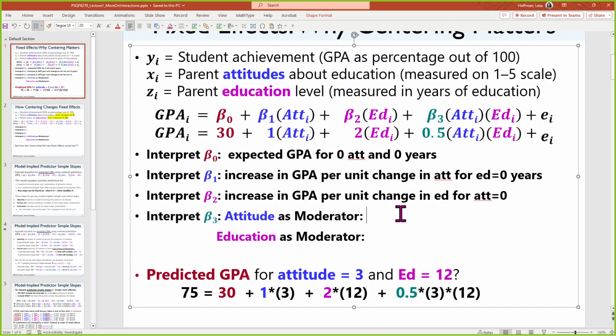How about the interaction term? So if attitudes is the moderator, then I want to focus on what happens to this slope. So I don't start the sentence with increase in GPA. I start it with increase in ed slope. Okay, increase in this specifically.